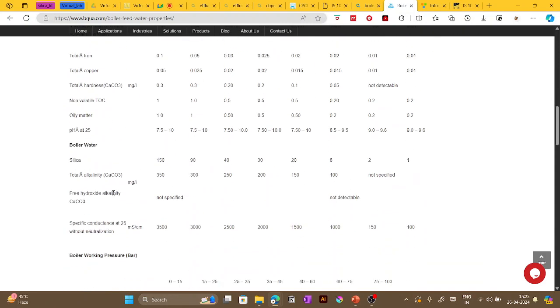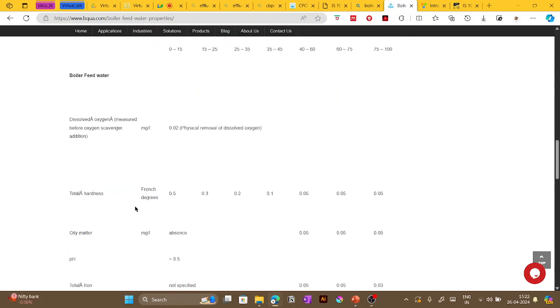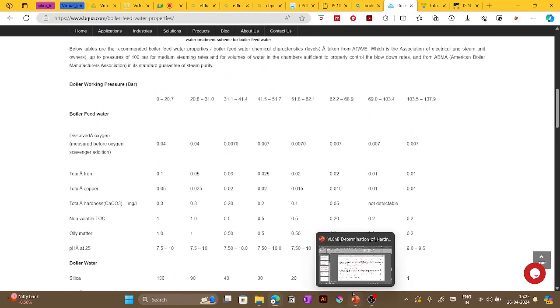For that, if you see total hardness, it's given in French degree. Now there are different units of hardness that we will also be discussing. So here you can see it's almost 0.5, 0.1, which is close to 0. Okay, I will show you the unit conversion also.